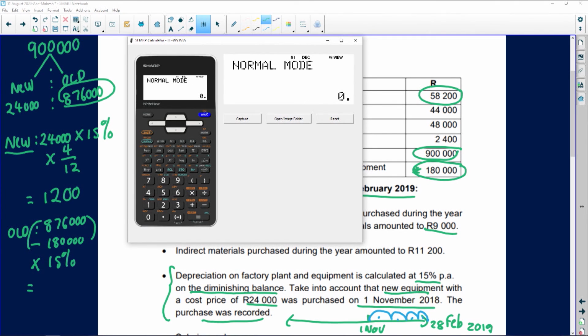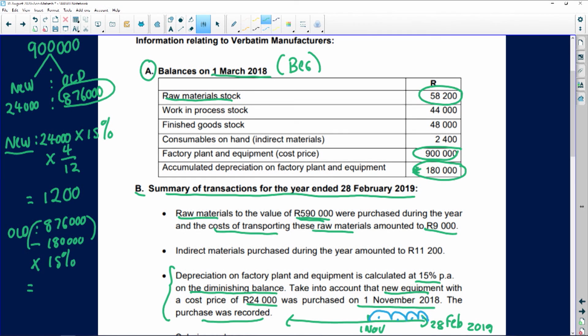Let's just quickly clear that and let's start over. So $876,000. Okay, guys, as you can see, the weather's probably getting to me. So 876,000, right, minus 180,000. Okay, right, and now let's times that by 15%, and that gives us an amount of 104,400.